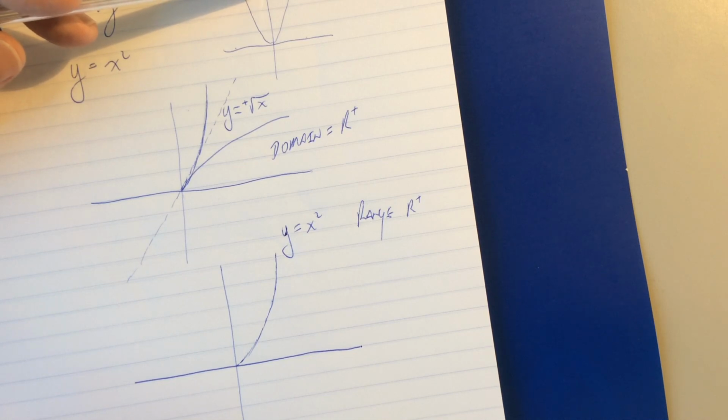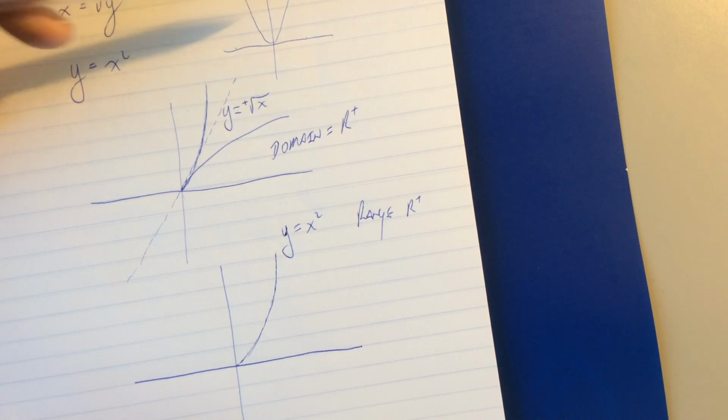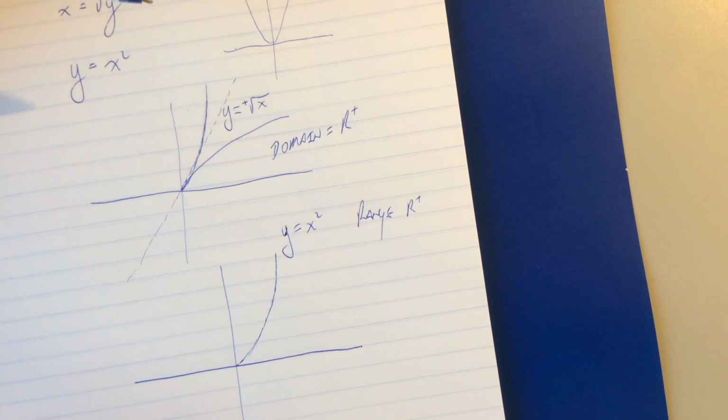Well, yes, that's true. But when we invert a function, we have to have regard to what the domain of that original function was, and obviously then what the range of that original function was.